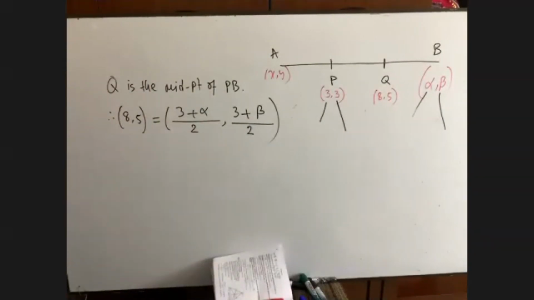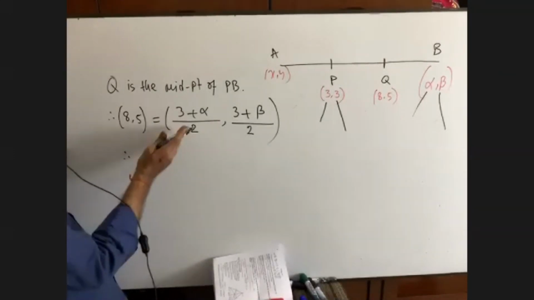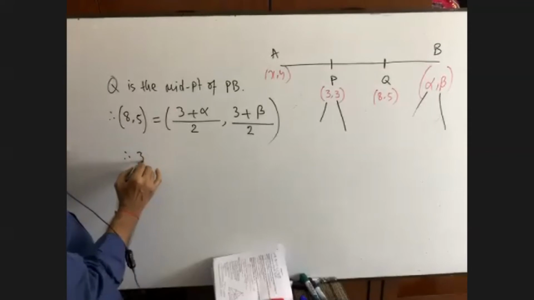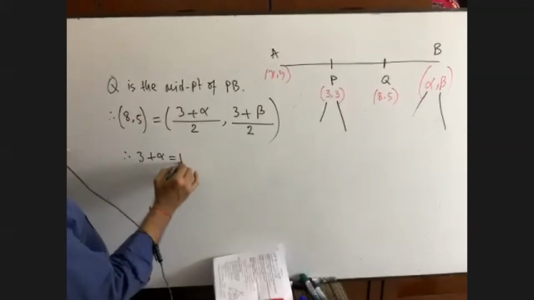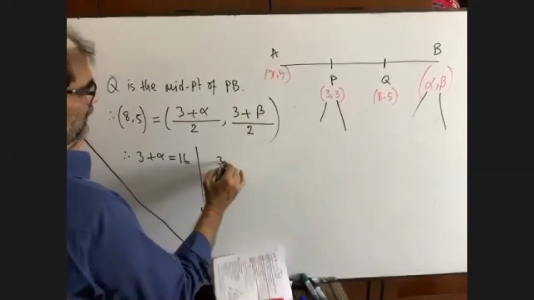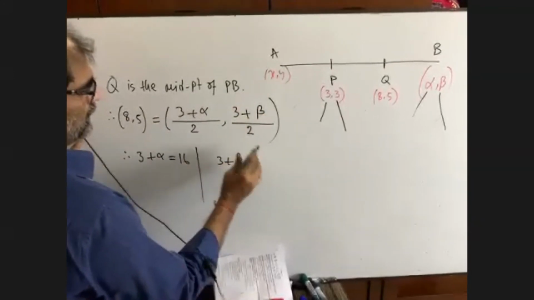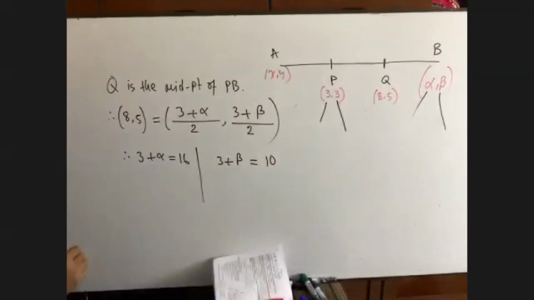From here, we can find, therefore, you see how I am going to do. Therefore, 3 plus alpha is equal to 8 into 2, that is 16. 3 plus beta is equal to 2 into 5, equals 10.